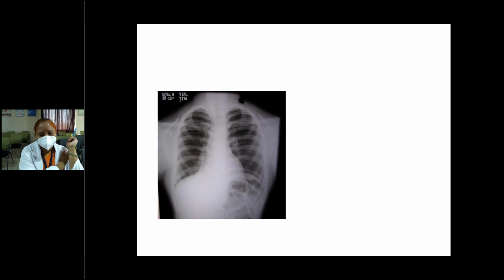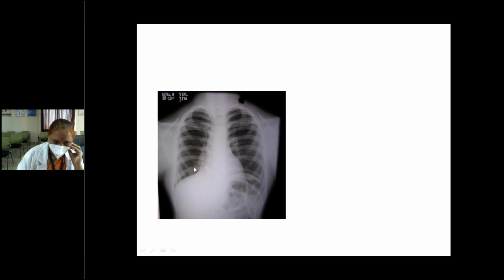Trachea is centrally positioned. Clavicles are equidistant. Borders of the heart are seen. Cardiophrenic and costophrenic angles: on the right side, the cardiophrenic angle is not that clear.